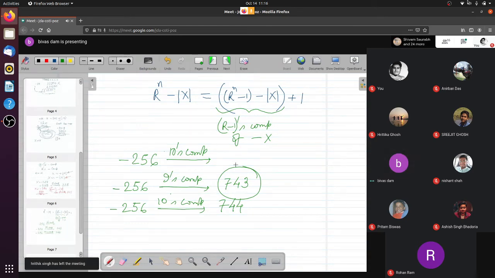It is not 743. It is a transformed version of minus 256. Once a certain transformation has taken place, I cannot say that its positional value is 700, 40, 3. So what I should say is that the 9th complement of minus 256 is 743 and the 10th complement of minus 256 is 744.